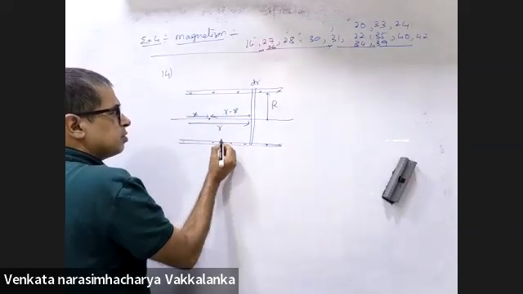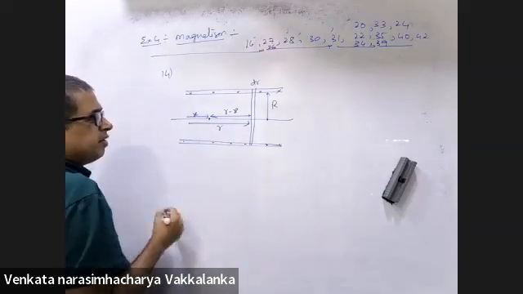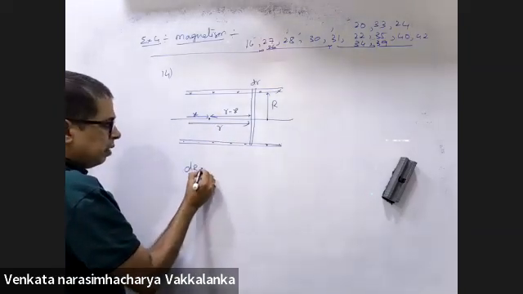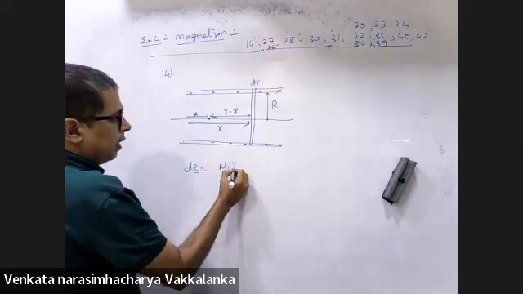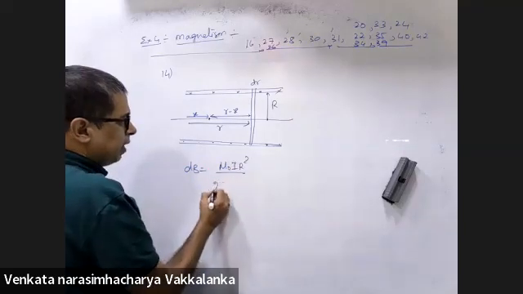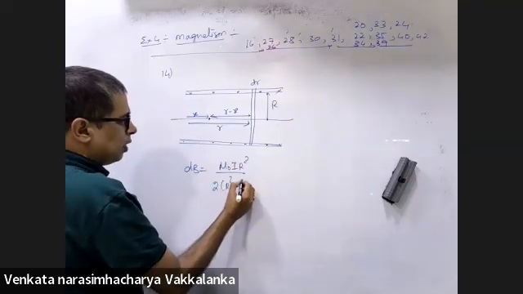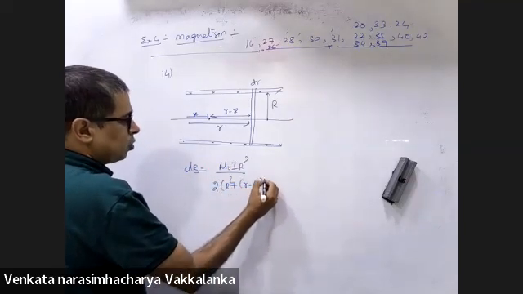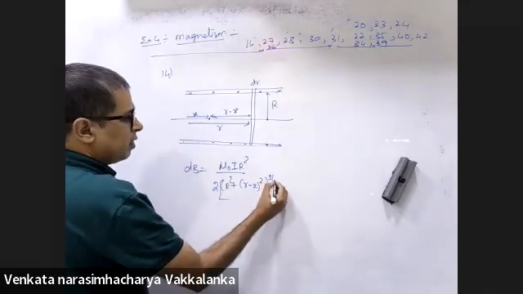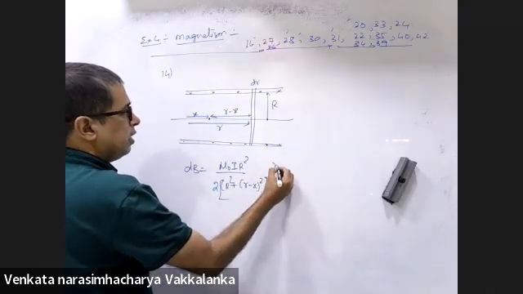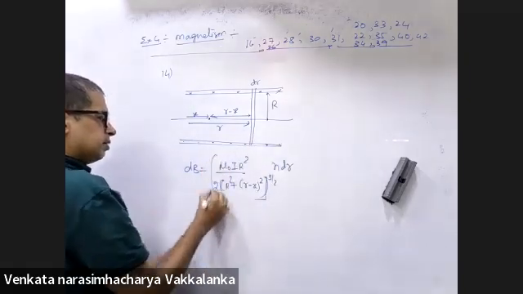R minus x. You want the magnetic field here. dB will be mu naught I r square by 2 into r square plus r minus x whole square to the power 3 by 2 into n dr.